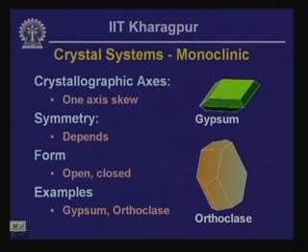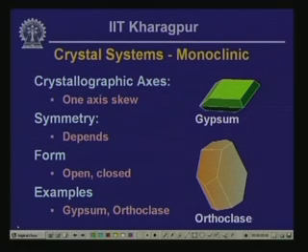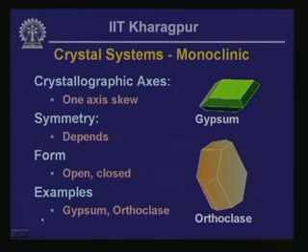The essential requirement in this case is that one axis is going to be skew. If that is met, then the symmetry requirement will depend on the individual type of crystal that is being considered. Two examples are gypsum and orthoclase. Both of these crystals are shown on the right of this particular slide. Okay, let's move on to the next one.